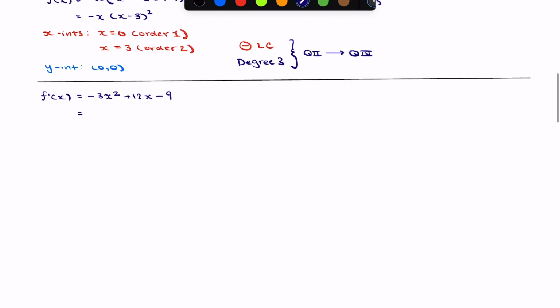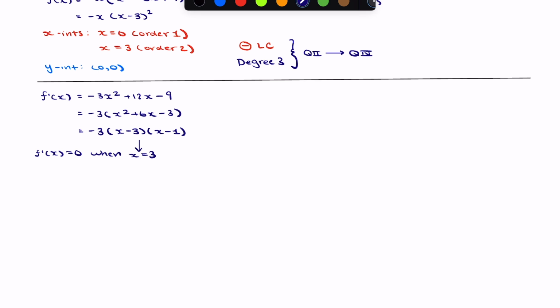Here we can factor out a negative 3, and we'll be left with x squared minus 4x plus 3. Here we can factor, and we'll get x minus 3, x minus 1.